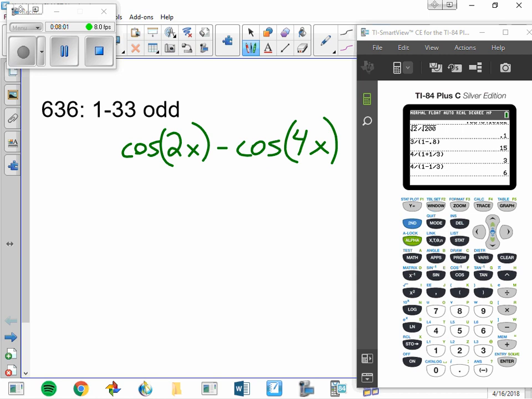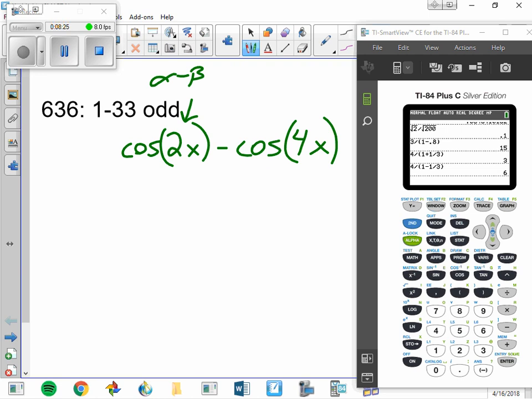Which formula should we use? So why the first one and not the second one? We have cosine minus cosine. Okay. Now, you need to remember that this is alpha minus beta, right?